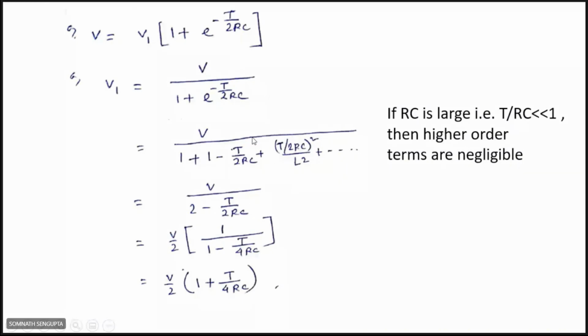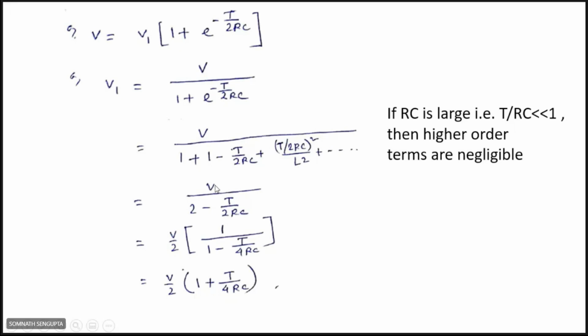These terms T by RC or T by 2RC, what we have assumed is that the time constant RC is large. So T by RC terms will be small, and even the higher order terms will also be small. So we can ignore the higher order terms, that is T by 2RC whole square, T by 2RC cube. Those terms will vanish.